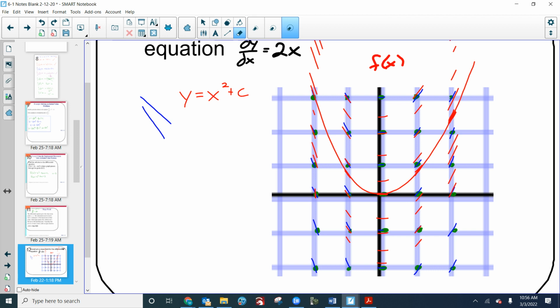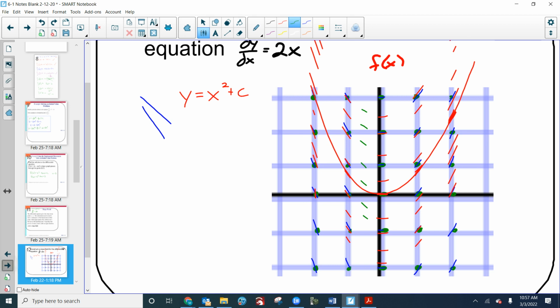If you graph enough little tangent slope segments at all the whole numbers, like 0, 1, 2, you start to picture what the original function looks like. We're not going to go as far as graphing at like -1/2. That's just tedious work. But if we graphed enough of these tangent segments, wouldn't you get the shape of the curve that's the antiderivative? That's the whole point.